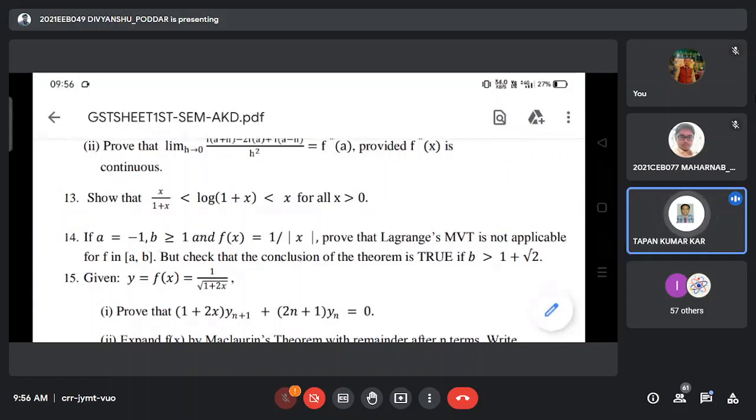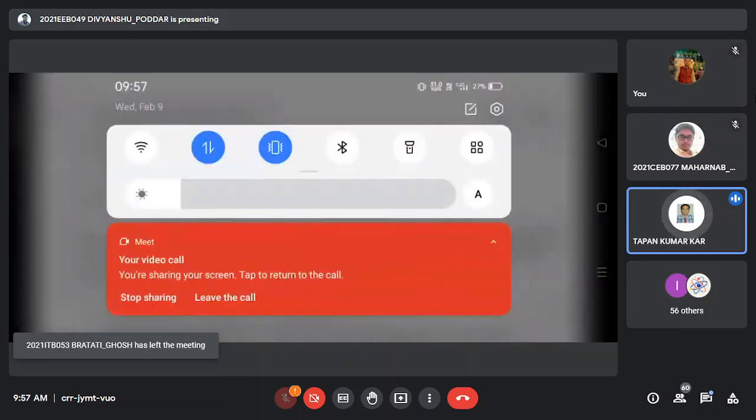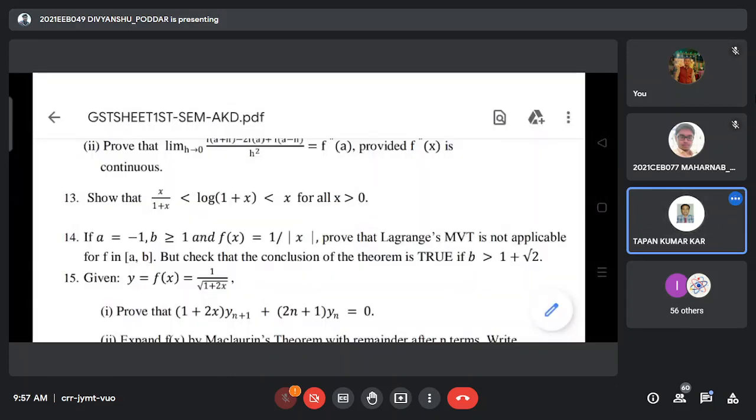No, actually, as I understand, they are not asking you whether Lagrange's theorem is applicable or not. The final result is fb minus fa by b minus a equal to f dash c. You have to check the last portion only.